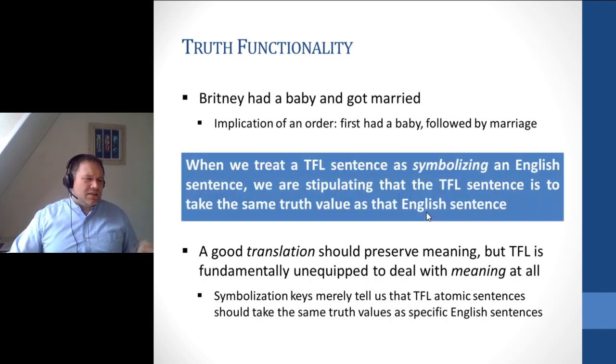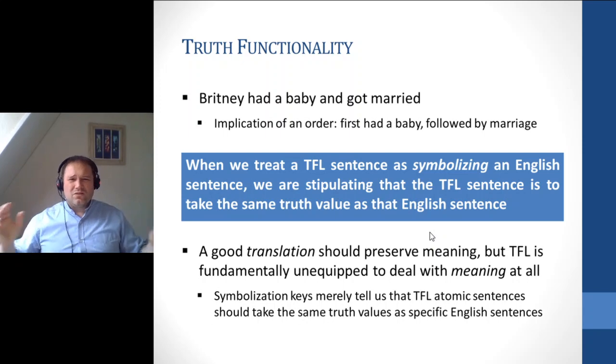Now, what this really means is that, as I mentioned in Lecture 1 and in Lecture 2, when we're going from our English to TFL, we're not translating, we're symbolizing. When we treat a TFL sentence as symbolizing an English sentence, what we're really doing is saying that our representative TFL sentence is going to have the same truth value as the English sentence.